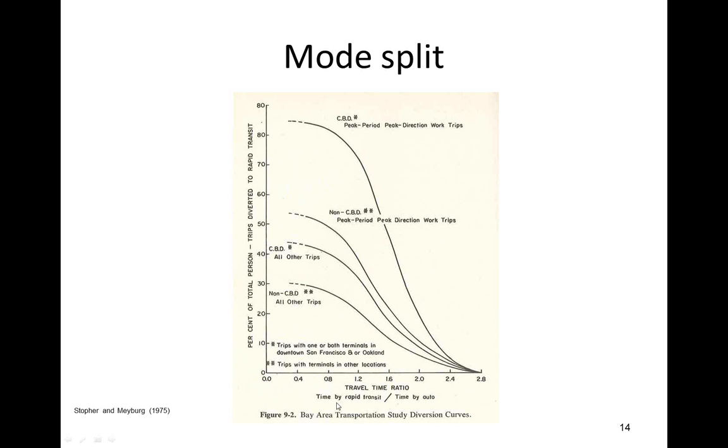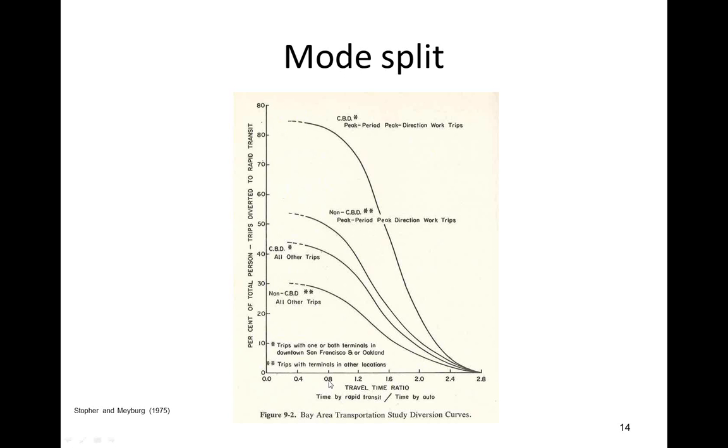You can see here the travel time ratio on the x-axis between rapid transit and auto, and on the y-axis the percentage of total person trips diverted to rapid transit. If the ratio decreases, that means the travel time by rapid transit is faster than by car. Therefore, more trips are going to use rapid transit.